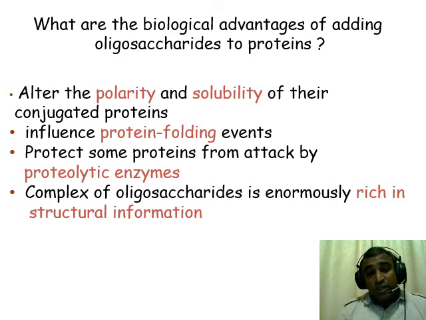The first one is that if the protein is made up of hydrophobic amino acids, by adding carbohydrate it is actually better in terms of solubility in water, because carbohydrates contain a lot of OH groups. Therefore, the whole protein becomes polar and soluble in water. Next, the folding.